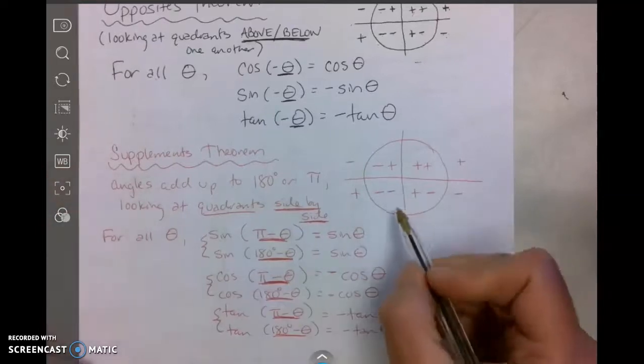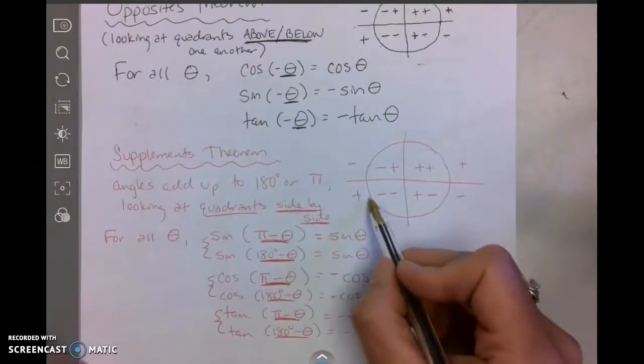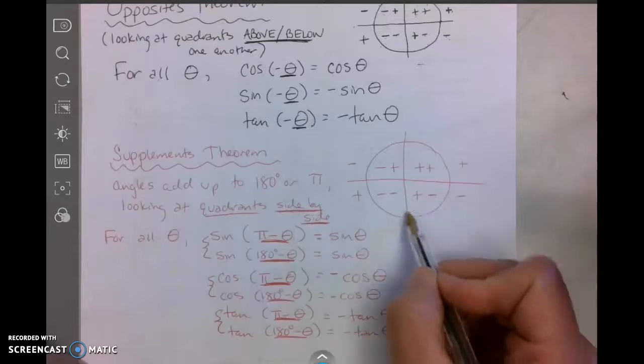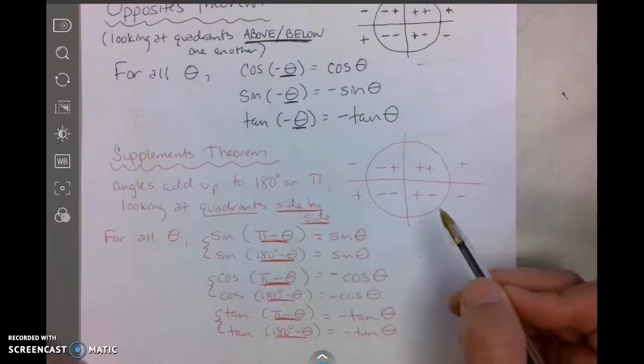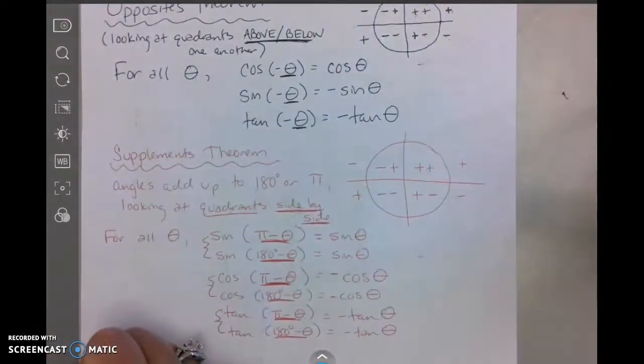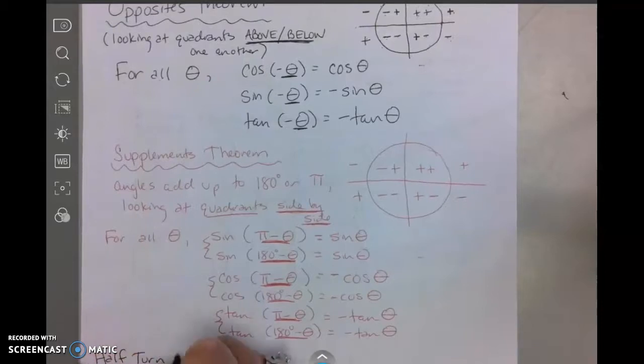Now you might say down here, well, these angles are too large to add to 180. Well, these two angles here, though, can make up a whole pi, even though the pi is in the bottom quadrants. Okay, now let's go to our third theorem, which is called the half-turn theorem.